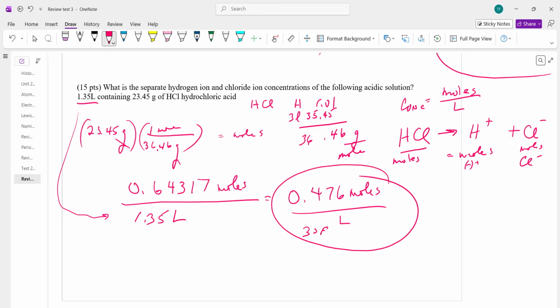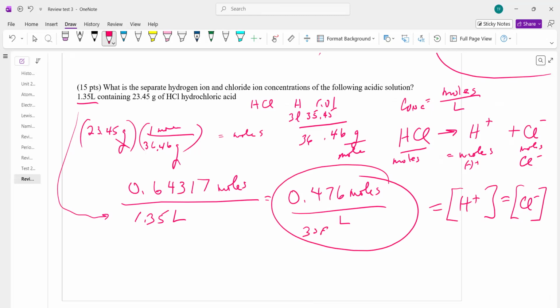Okay, so that's H and it's also Cl. Remember, square brackets is the same as moles per liter. And that falls out because of the balanced equation.